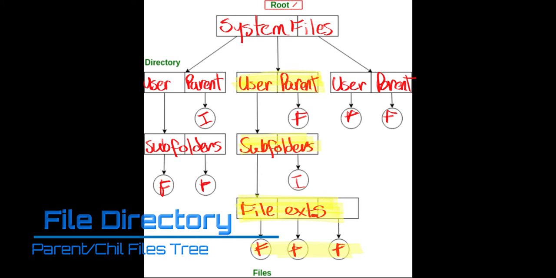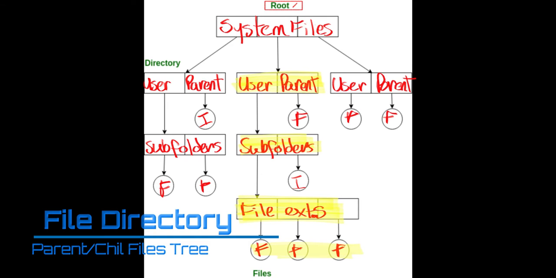What we have here is a file directory, or essentially the family tree of the folders, subfolders, and files for your computer, starting at the top with the root, which is the drive, that is the hard drive your information is stored on. And then below that, your system files, which are primarily responsible for the functionality of your computer.